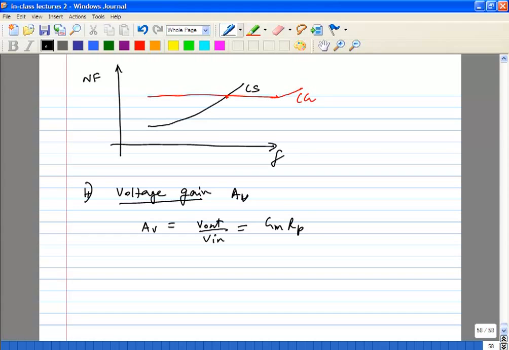It is the effective GM times the parallel resistance of the tank RP, right? And we also know this is, okay, so that is the effective voltage gain. And we are obviously neglecting the output resistance. Now that we have added a cascode, the output impedance of the amplifier itself actually gets even better. So it's a good approximation to use just RP.